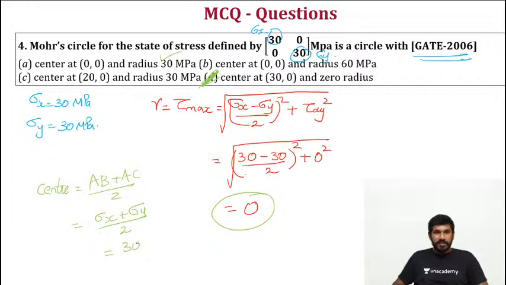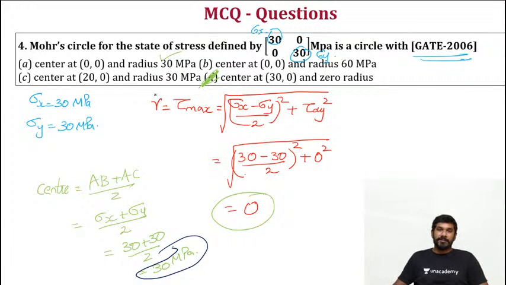So 30 plus 30 by 2, that is equal to 30 megapascal. So the correct answer here is 30 megapascal. Means 30 units, because in the graph we convert it to units as we draw the Mohr circle. That means 30 units is the right answer.